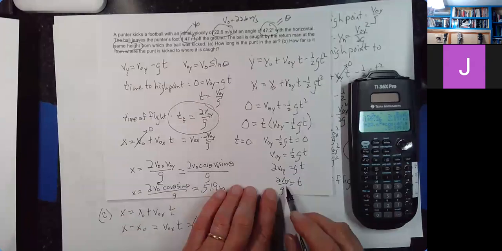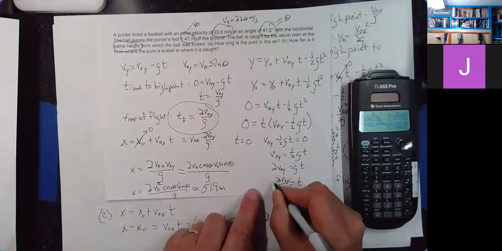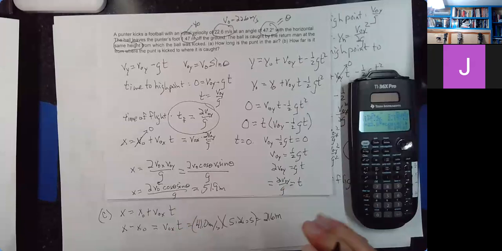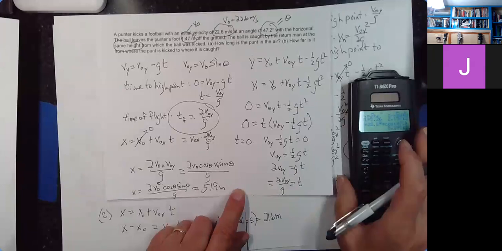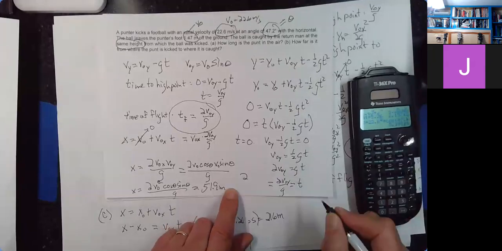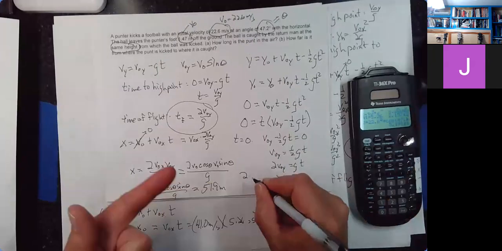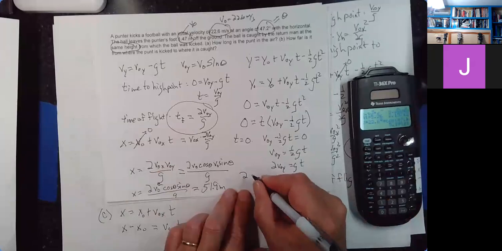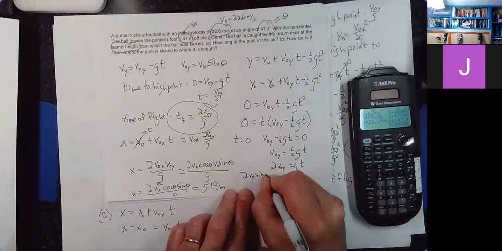Also, just curious, what's the hang time? That's one of those statistics that they like to spout on television when they don't have anything else to say. So 2 times v naught y, and v naught y was v naught sine theta, over g.